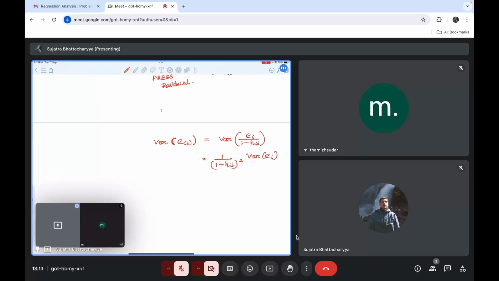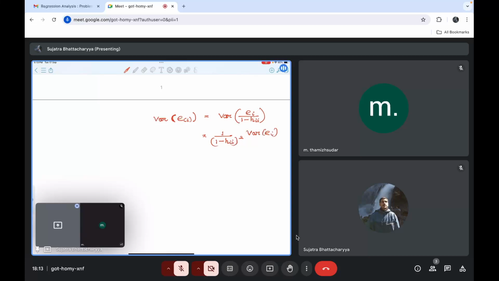Now, what is the variance of e_i? We have just now solved it. It is sigma square times (1 minus h_ii), divided by (1 minus h_ii) whole square. So one 1 minus h_ii will cancel, and finally we get sigma square upon 1 minus h_ii.